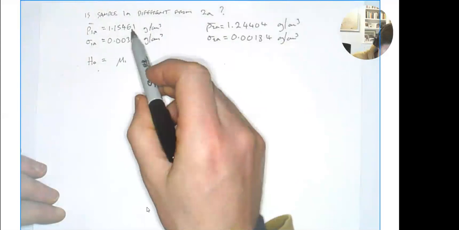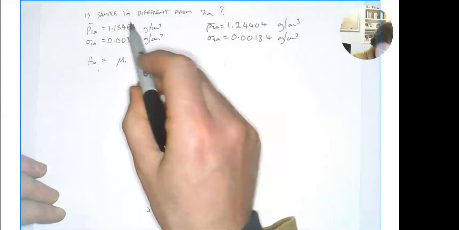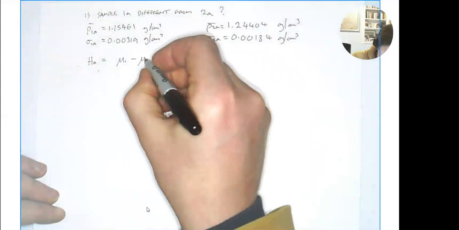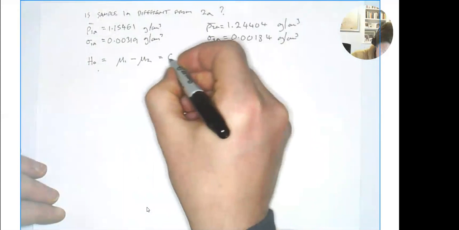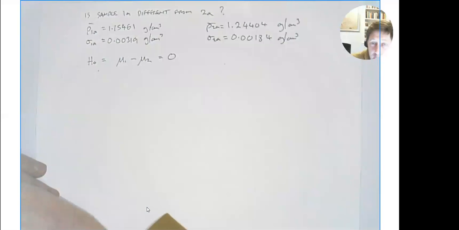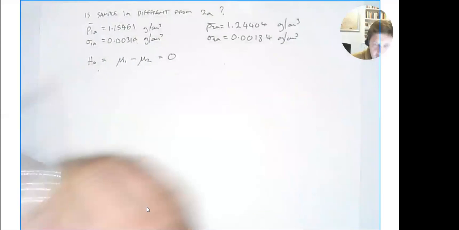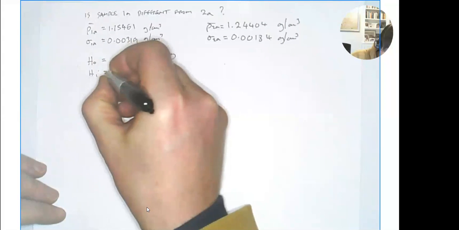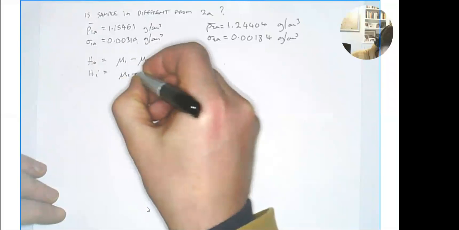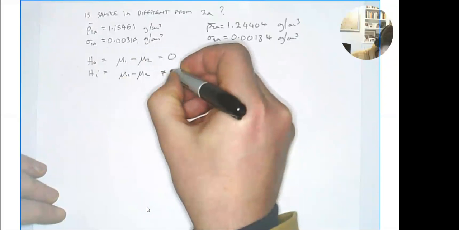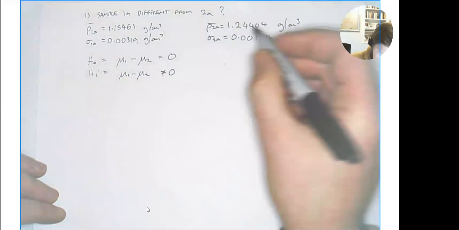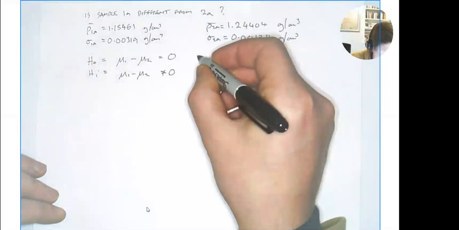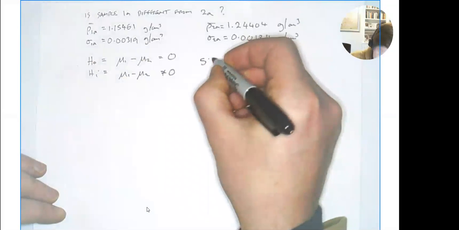So we're hypothesizing that, okay, if the populations that these two samples are from, population 1 and population 2, are the same population, then the difference in means of the two is 0. And then the alternative hypothesis is that the difference between them is not equal to 0. And we want to have, let's say, a 5% significance level.